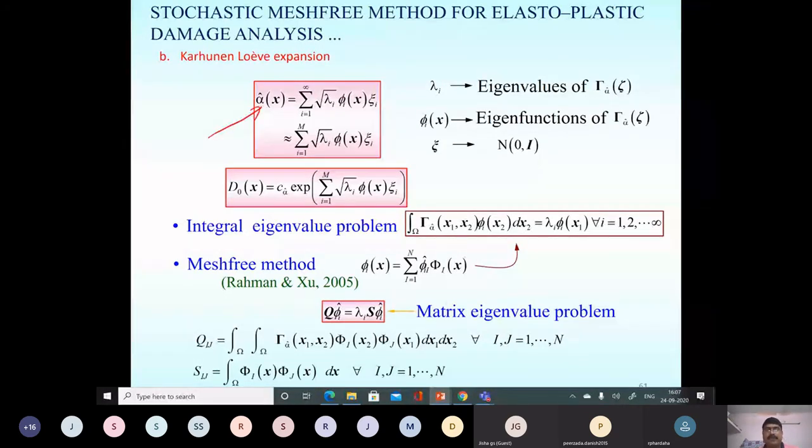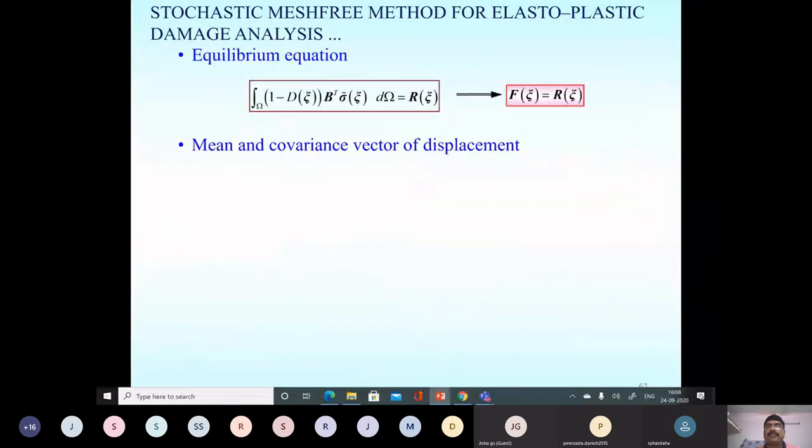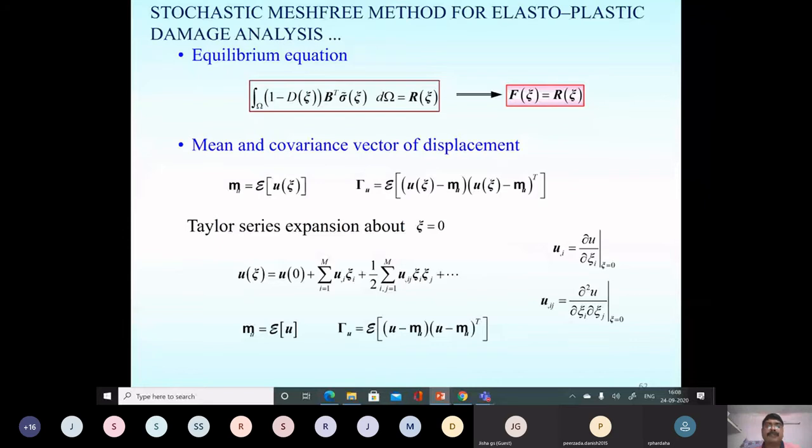Either of these is one of the most efficient techniques, but it will always underestimate your final results. Because the eigenvalues decay like this, you can constrain, so only the first few eigenvalues come into the picture. So finally, your equilibrium equation will be a function of a discretized set of random variables.